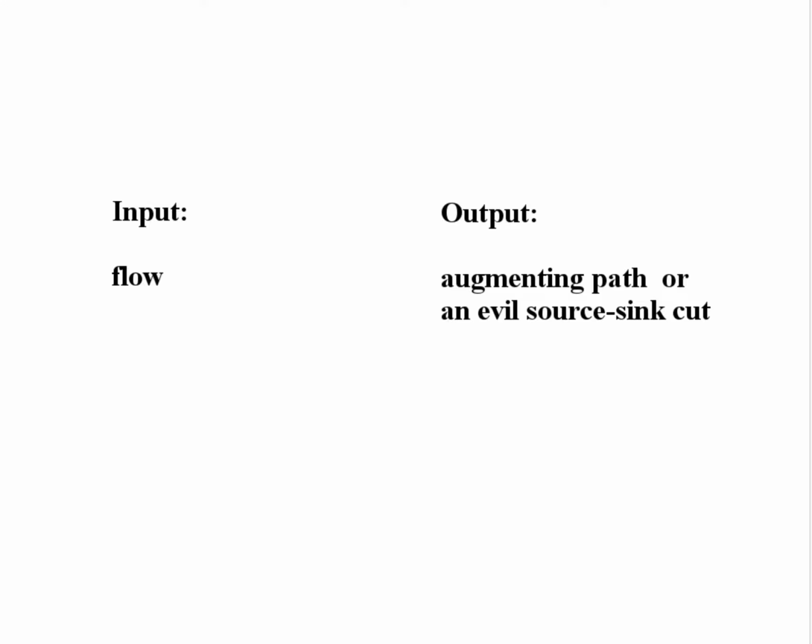If we get an augmenting path as an output, that's kind of good news. Augmenting path means the flow can be improved. If we get a source sink cut, that cut will have the capacity equal to the value of the flow, and that would mean the algorithm is over. We cannot improve the flow anymore. And in the beginning, we have a flow of value 0.